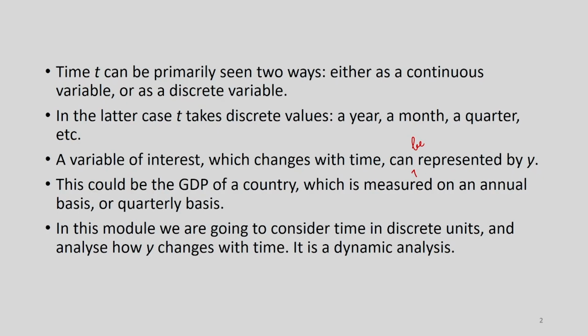This variable of interest, it could be the GDP of a country, the national income of a country, let us suppose. So, that is y, and this y changes with respect to time. Or it could be GDP of a country, but this GDP could be measured in different ways. It could be on an annual basis, right?